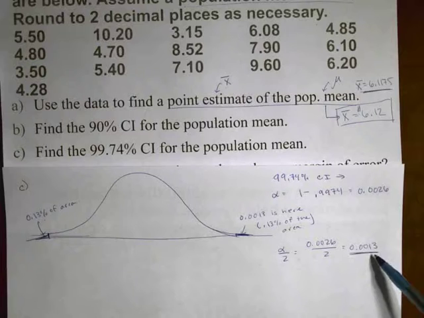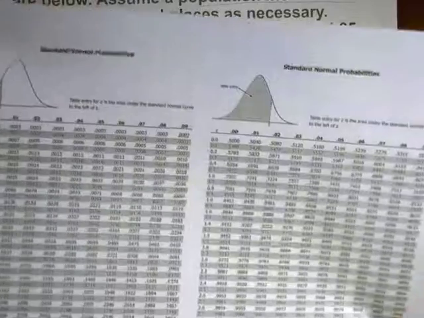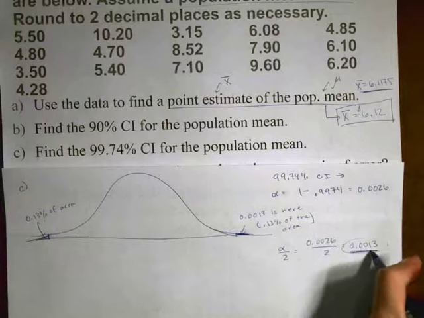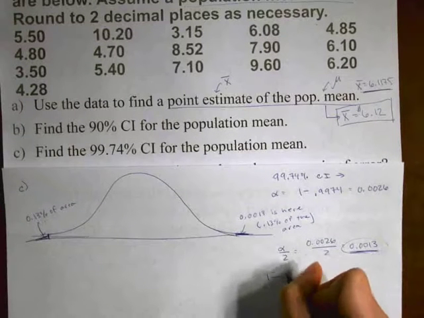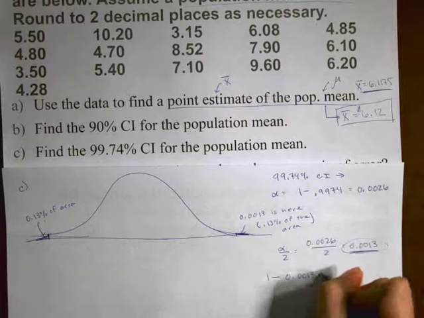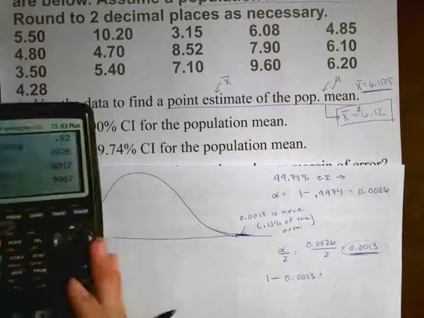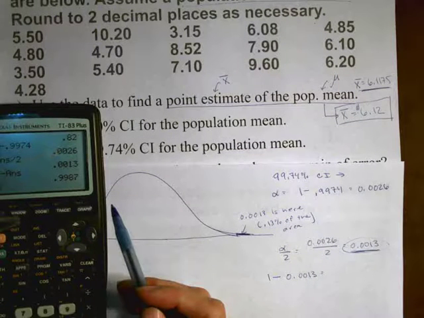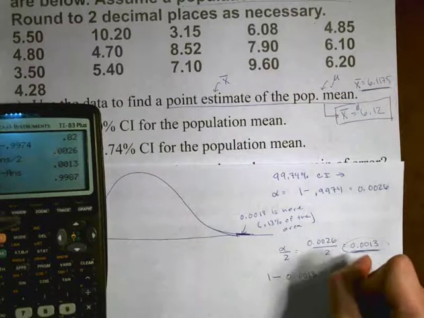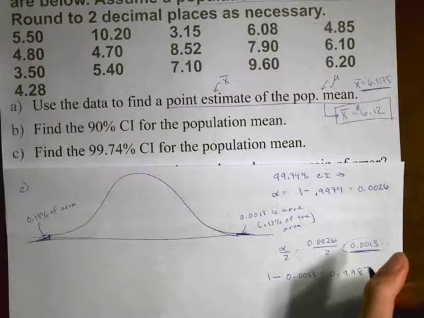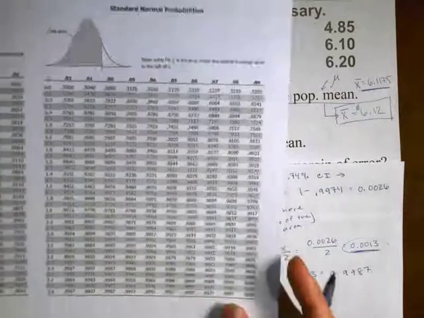Okay, so I'm going to go over to my z-table and look for the area under the curve being 0.0013, and that is the number that I will use in my margin of error formula. Oh, I said that wrong. I'm not going to actually look for 0.0013. I'm going to look for 1 minus 0.0013, which is 0.9987.